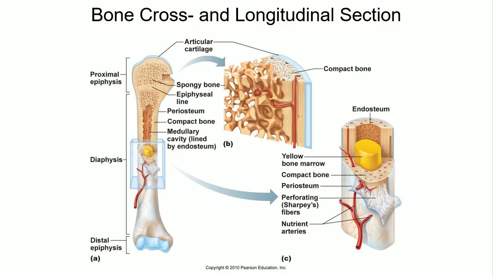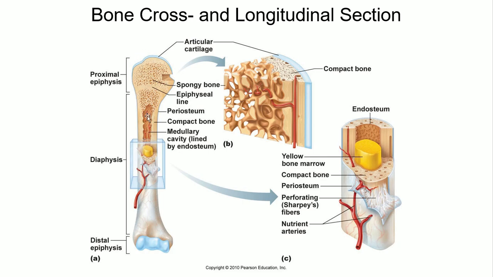So it's going to be all around the bone. It's going to be in the center cavity, and we call that compact bone. So compact bone is all around the bone, right? Touches the outside, touches the inside.